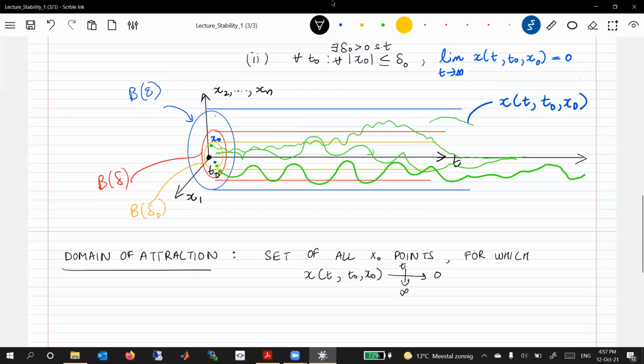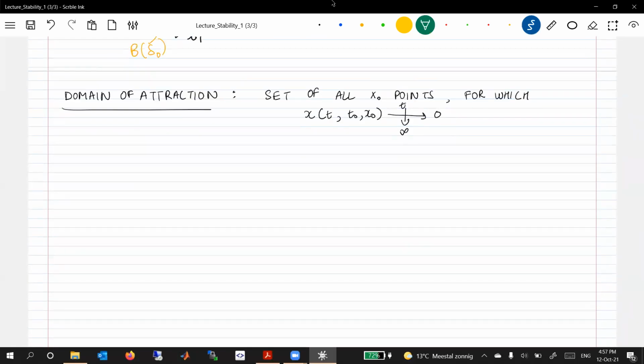So if there are no questions about the definition, let's look at an application. Once again, of the pendulum.